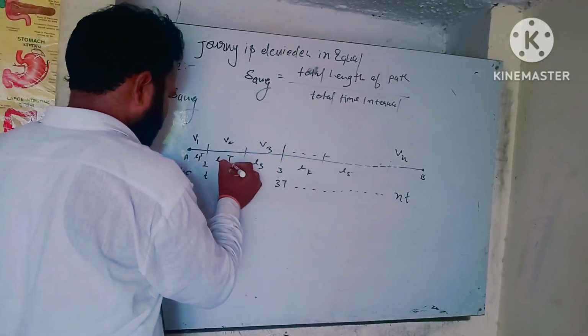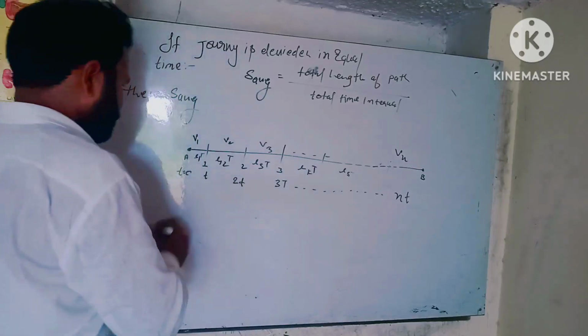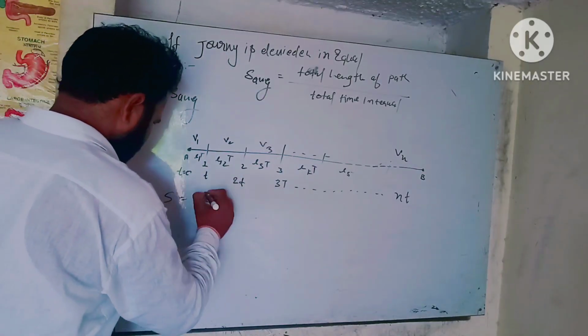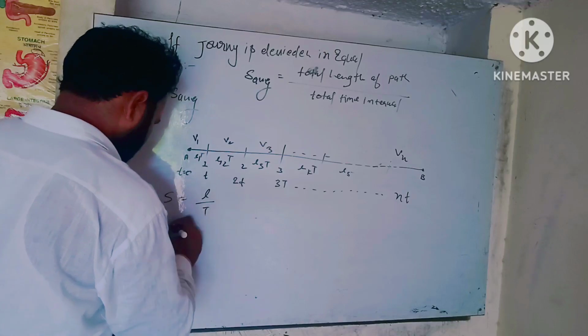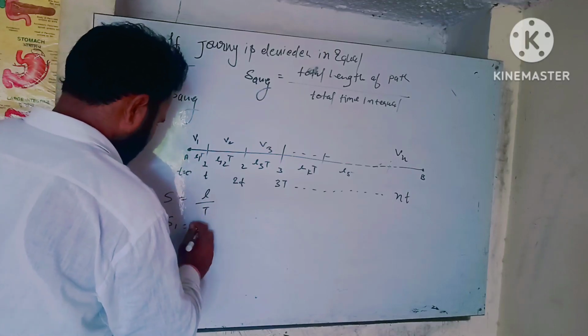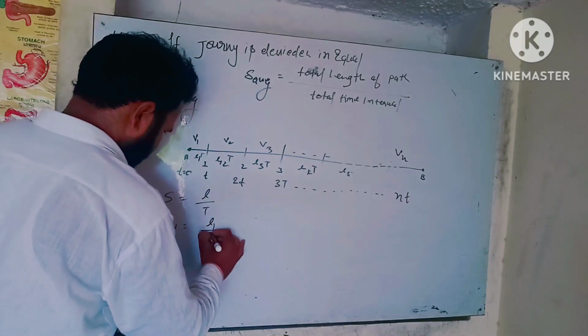Then speed S is equal to L by t, so S1 is equal to L1 by t.